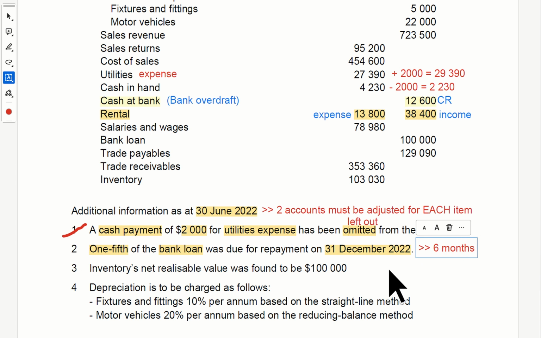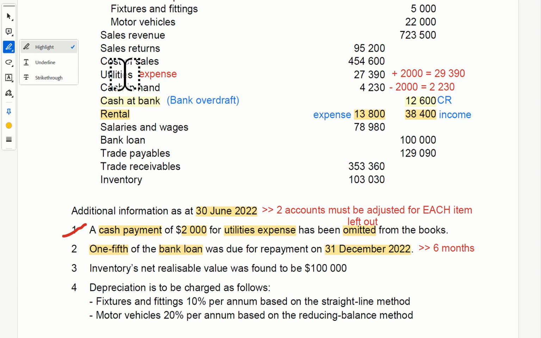And 1/5 has to be paid in 6 months. So 1/5 is actually current liability and 4/5 is going to be non-current liability. Then we will have to do the split. So here is our bank loan. Our bank loan is 100,000. There's going to be a split. I'm going to show the split here.